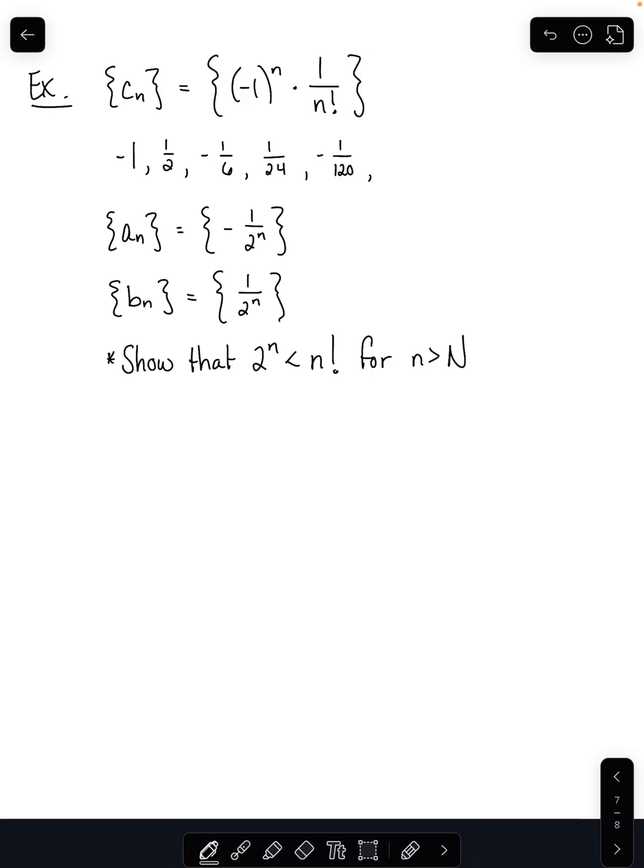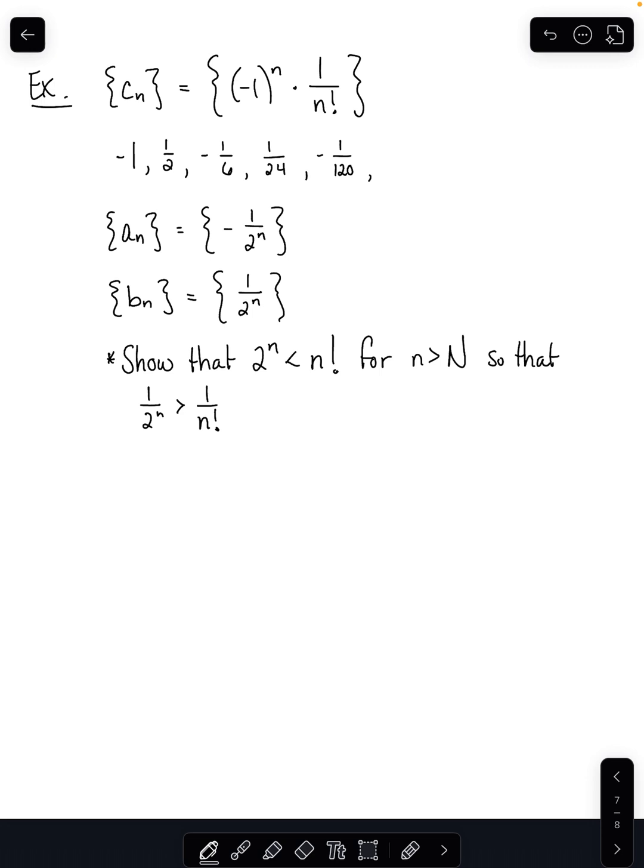If we can show that this is true, then it will therefore mean that 1/2 to the n is bigger than 1/n factorial. This by the rules of reciprocation. The bigger a number is, the smaller its reciprocal will be.